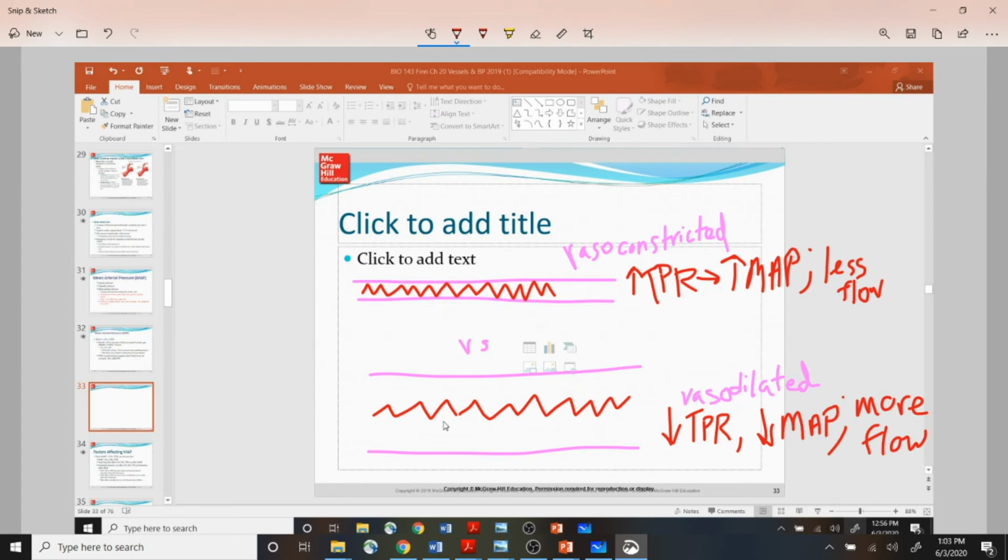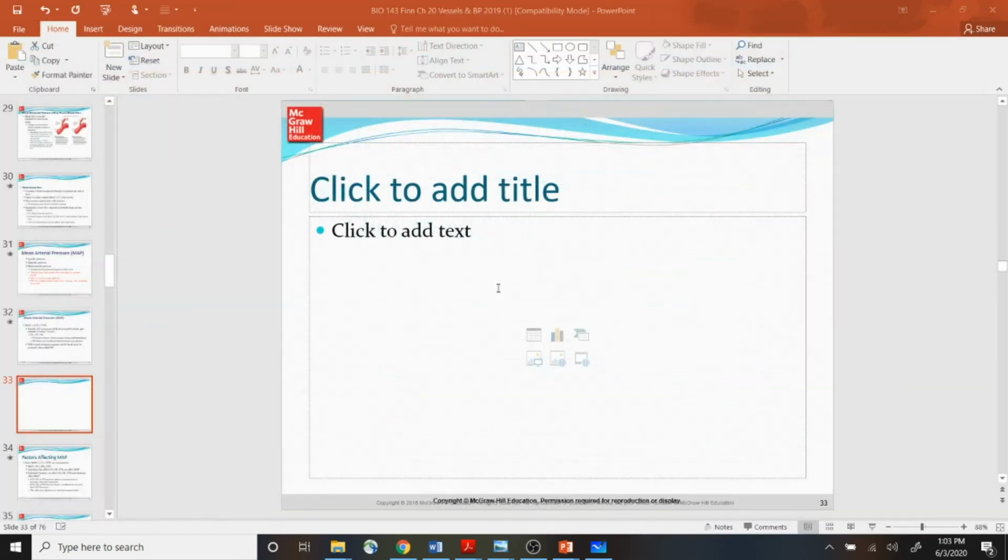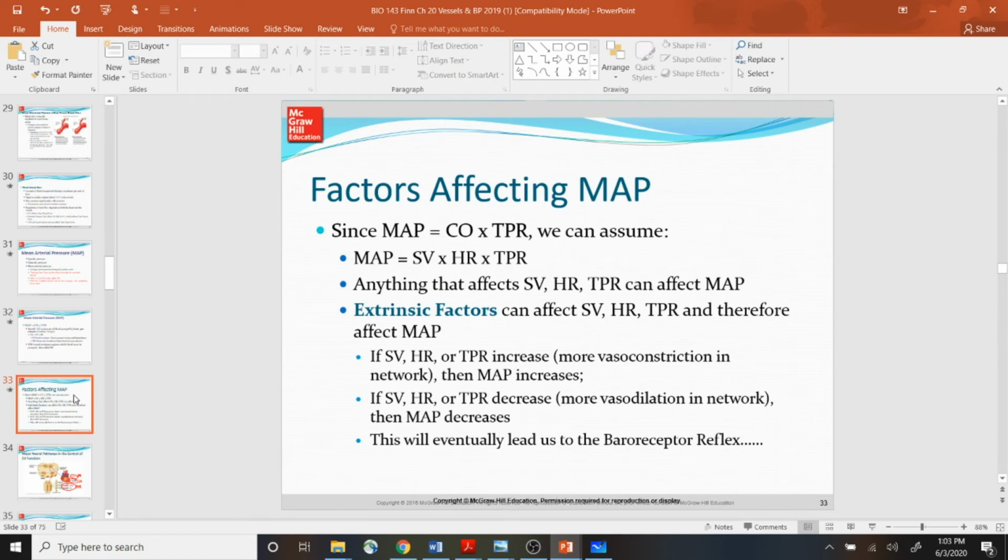So now we're going to see that blood vessel size does have an effect on blood pressure as well as stroke volume and heart rate. And that's where we're headed next. So read this slide.